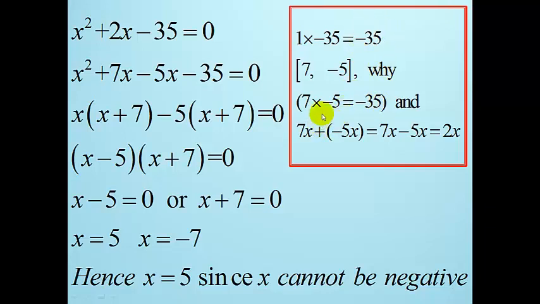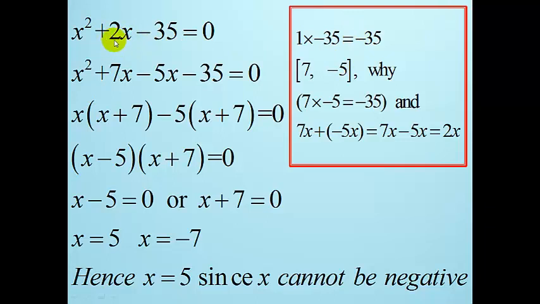And when we add, that is 7x plus minus 5x, this is equal to 7x minus 5x, and the answer is 2x. So we search for two numbers: when you multiply, you get minus 35, and when you add, you get the coefficient of x, that is 2.